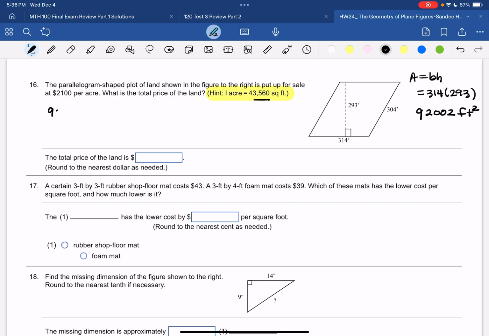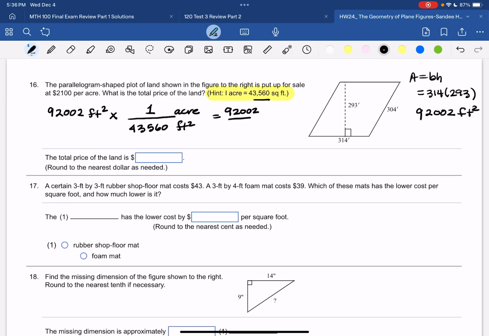So 92,002 square feet times, we want our answer to be in acres, and we want to get rid of those square feet. And they give us exactly what we need, that 1 acre is 43,560 square feet.